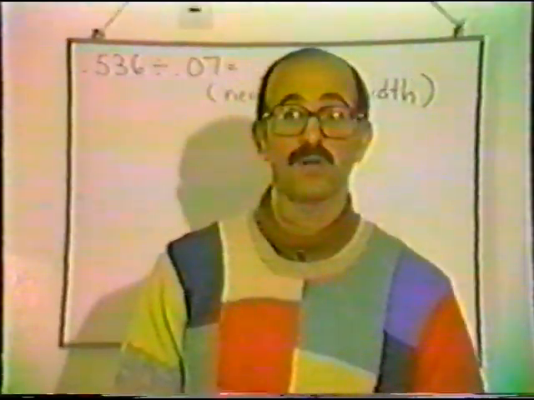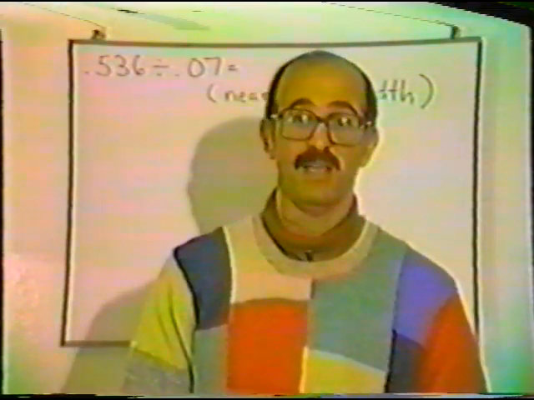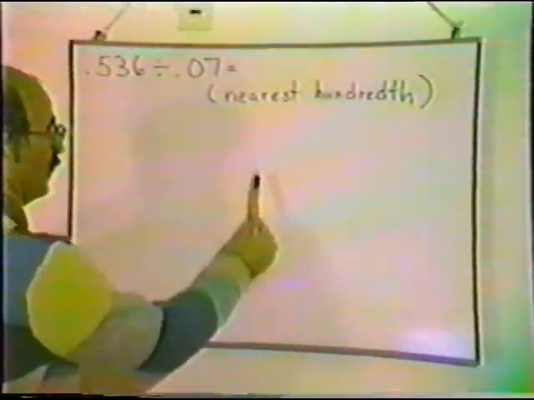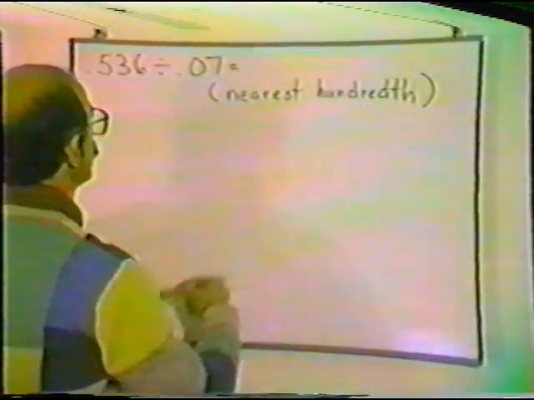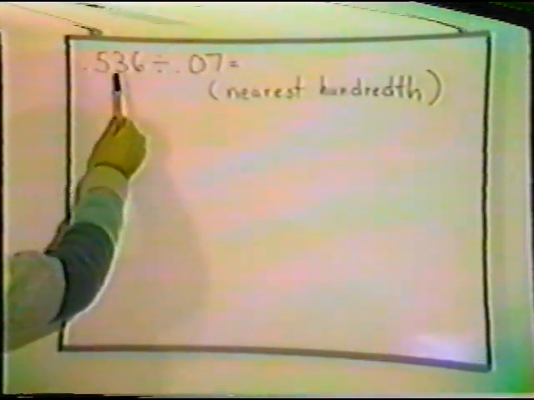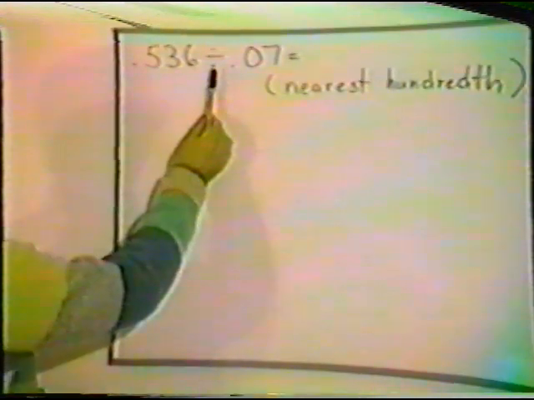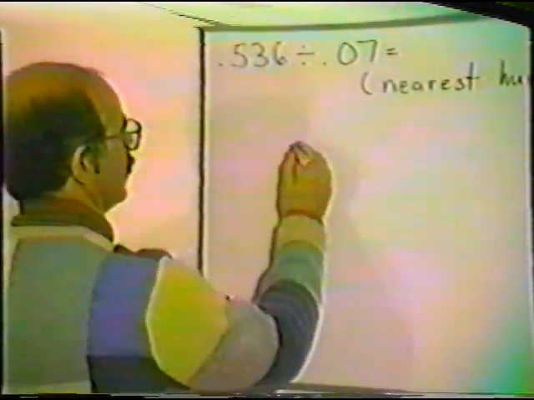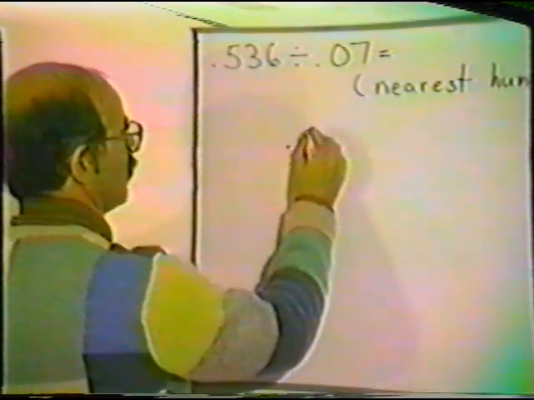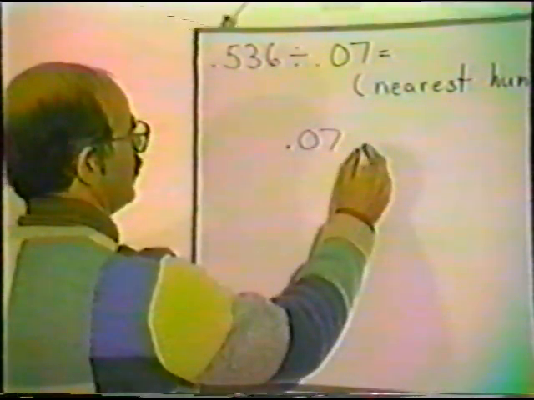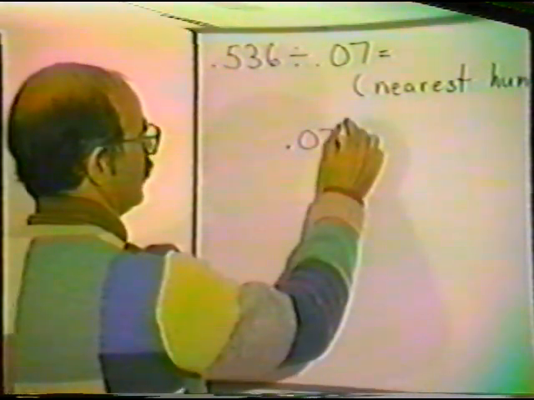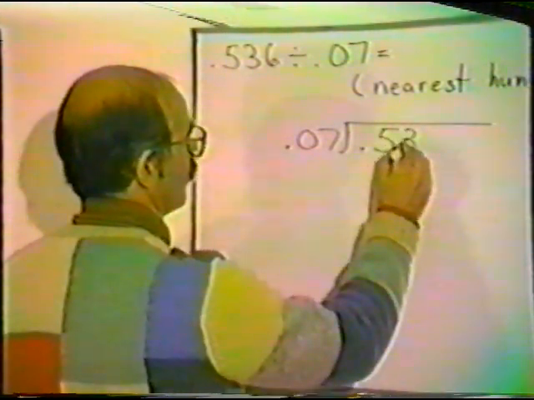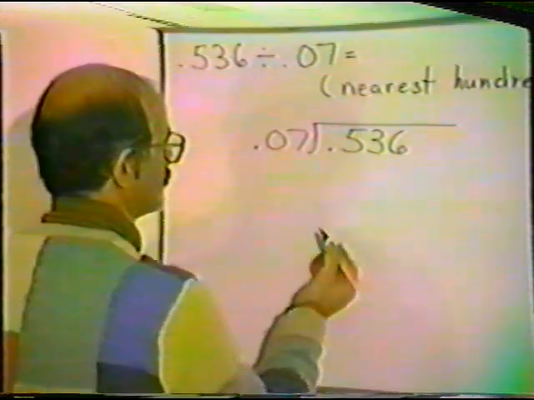This time we're going to divide, and we're going to round off our answer to the nearest 100th. 0.536 divided by 0.07 means 0.07 divided into 0.536.